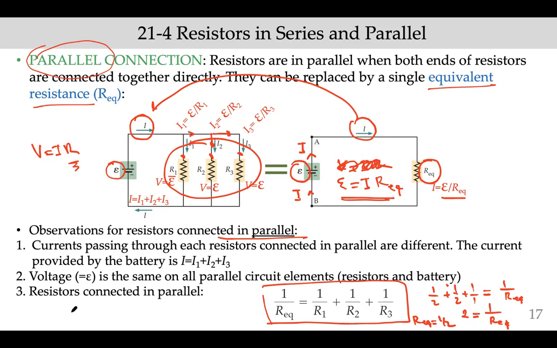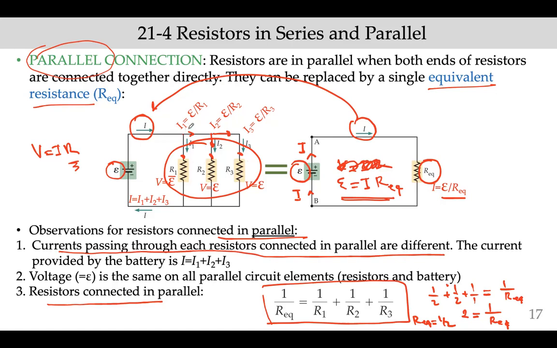Now, we learned how to calculate the equivalent resistance if the resistors are connected in parallel, as you can see here. The second thing that we have to be careful about is that the current passing through each resistor connected in parallel is different. They can be the same if the resistors are the same, but in general, they will be different.